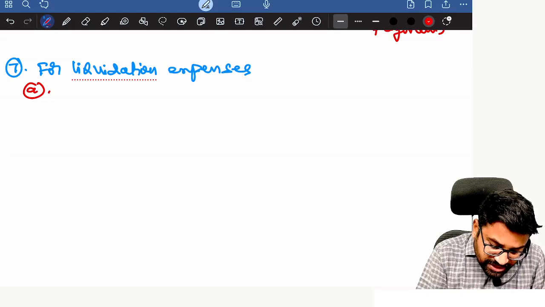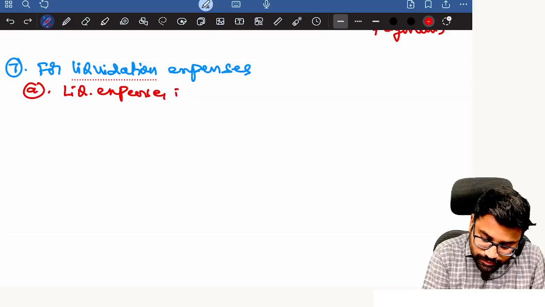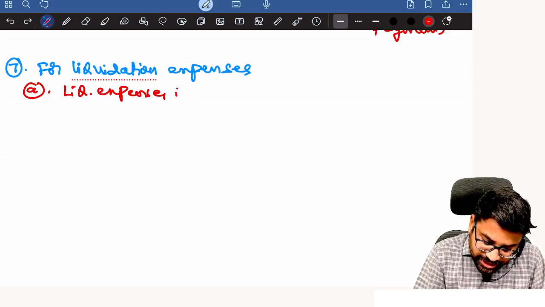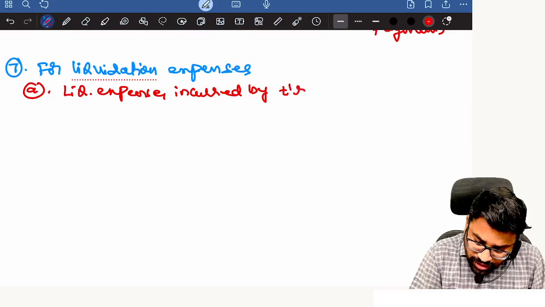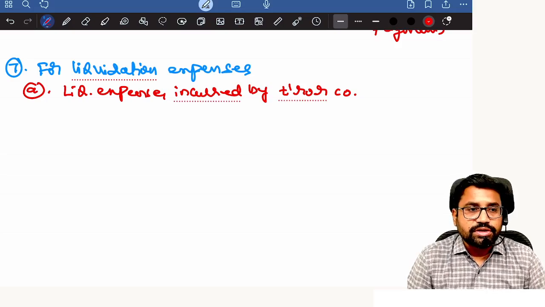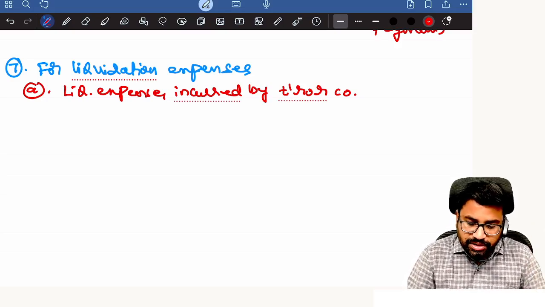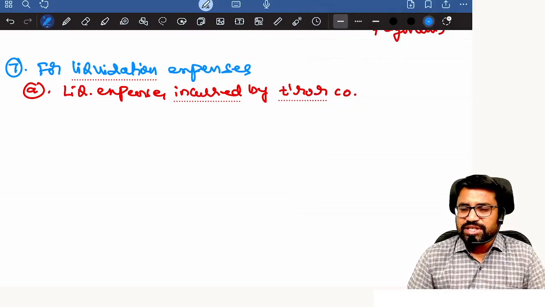So here the first case is liquidation expenses incurred by transferor company itself. We are writing entry in the books of transferor. Suppose liquidation expenses incurred by transferor company itself. So here generally when we incur expenses, what entry we will write?